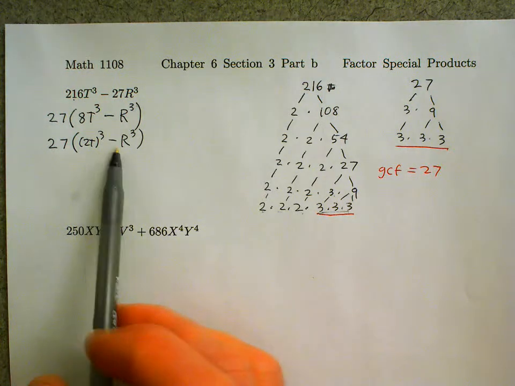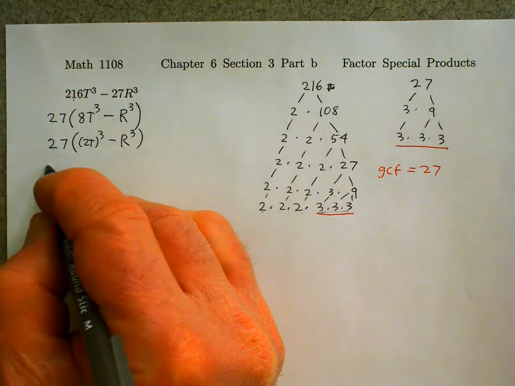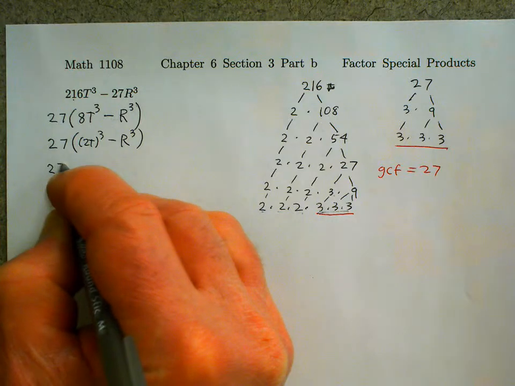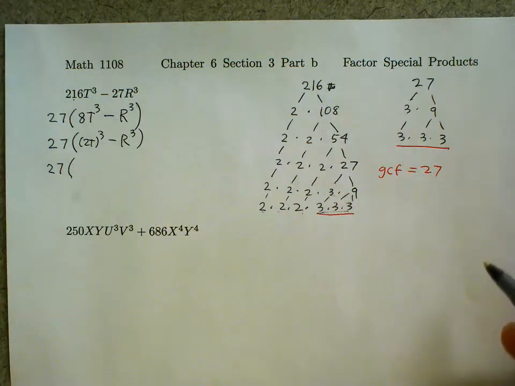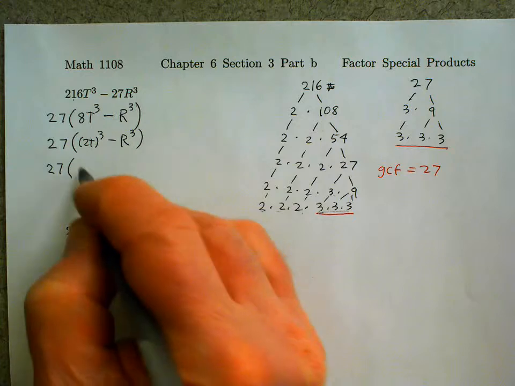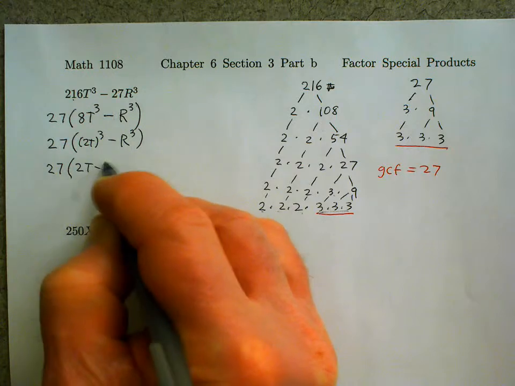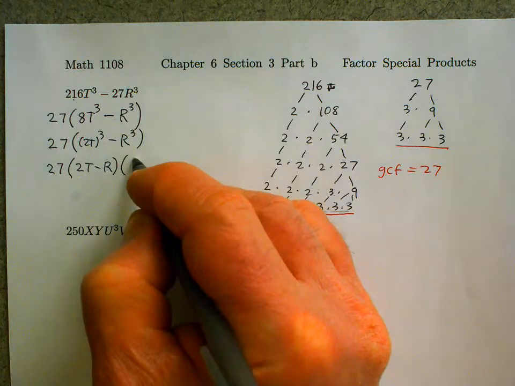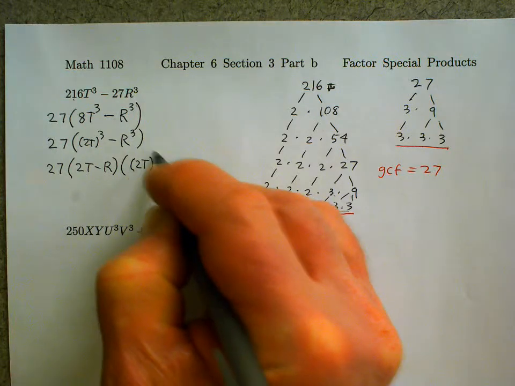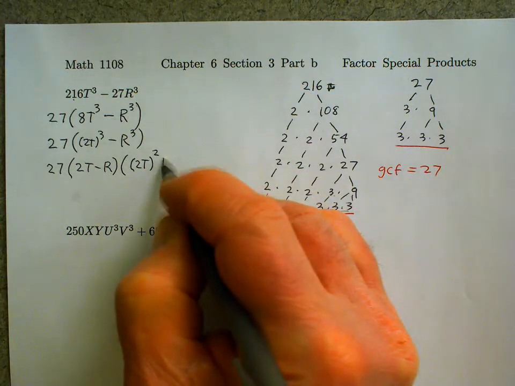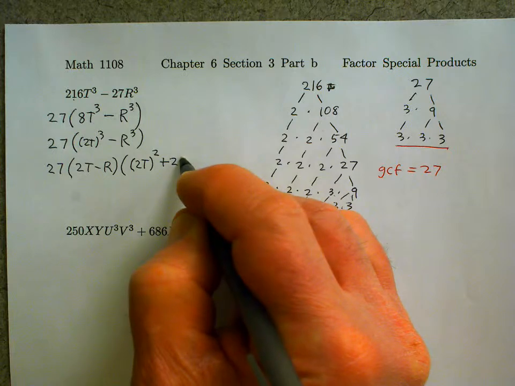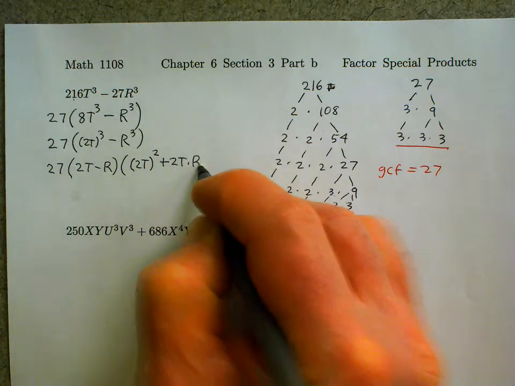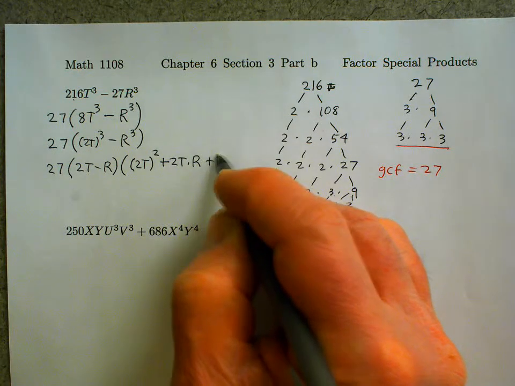But we have a factor of 27. The binomial is 2t minus r. In the trinomial, the first term, we square the term 2t. Then we're going to add 2t times r. And then we're going to add r to the second.